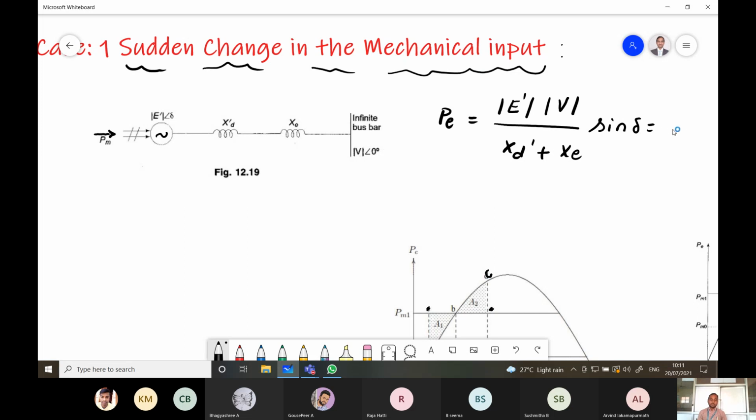So this term we can call P max. Therefore, this is equal to P max sine delta.